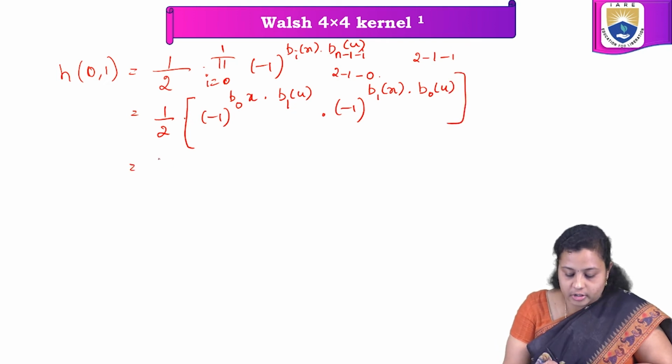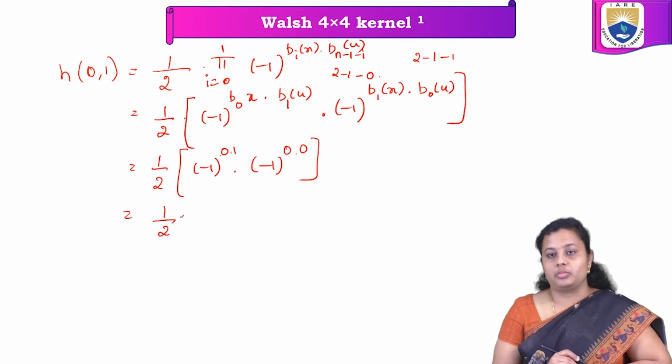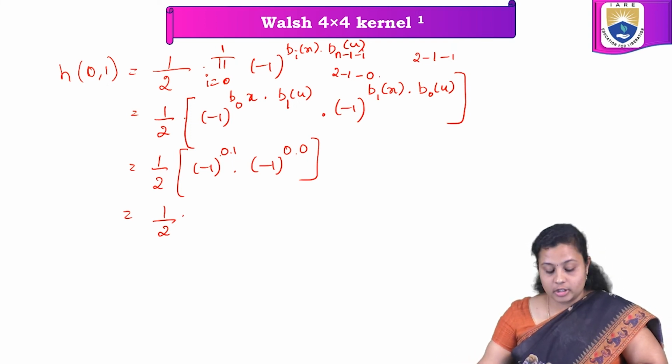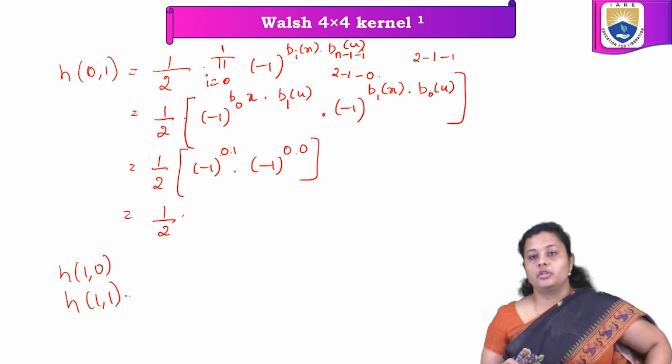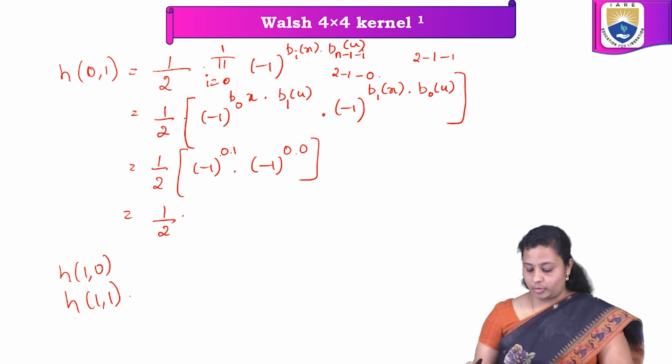So that will be turning up to 1 by 2 into minus 1 power 0 into minus 1 power 0 into 1. This is 0 into 0. So this is equal to 1 by 2. So similarly, we can calculate for h10, then h11, right? So we can calculate similarly my Walsh-Hadamard equation.